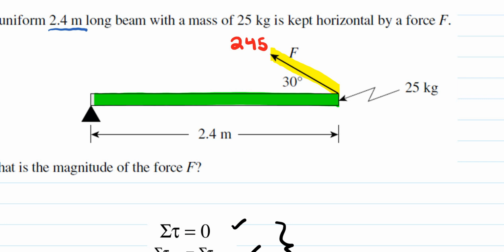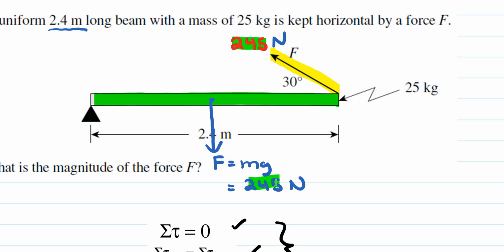Just before we conclude, I want to note that the force of gravity at the halfway point was force equals mg. If I take my 25 kilograms and multiply it by 9.80, ironically, we also get 245 newtons. So it turns out the magnitudes in this case were actually equal, which is not always the case.